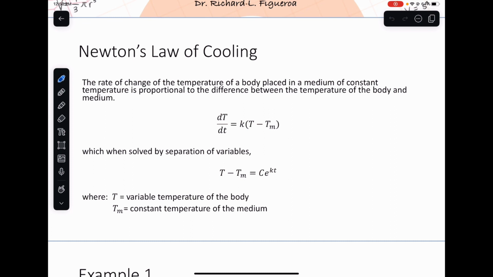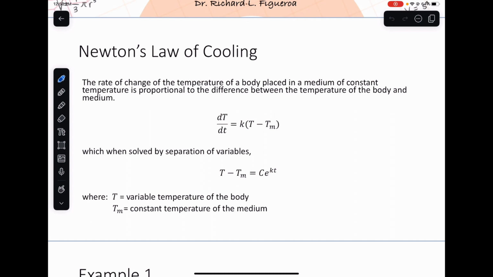Take note that T here corresponds to the temperature of the body or the object that we are referring to, and T sub m corresponds to the constant temperature of the medium or the environment where a certain body is placed.